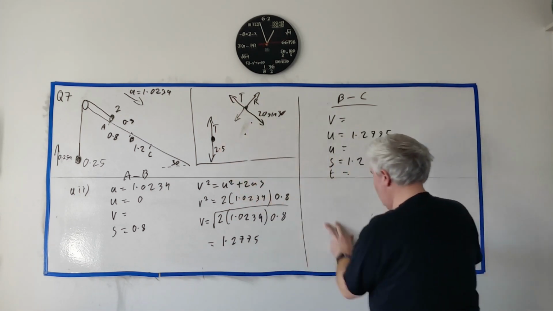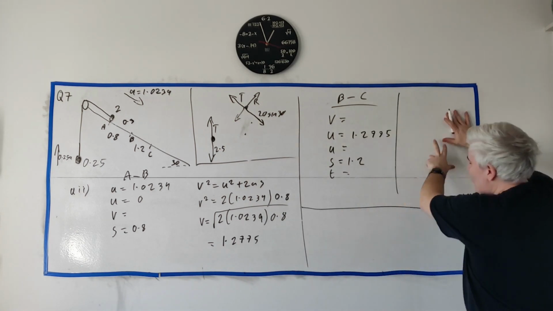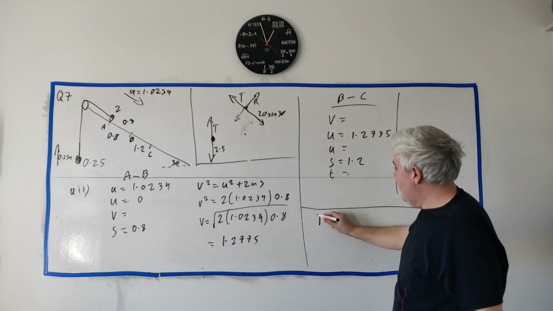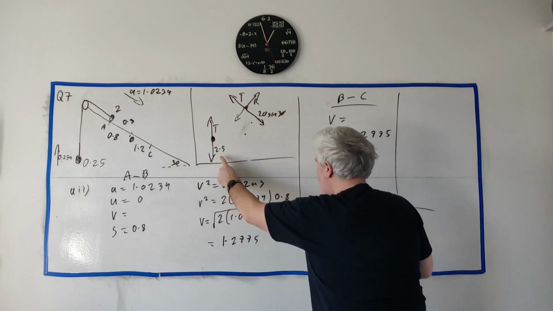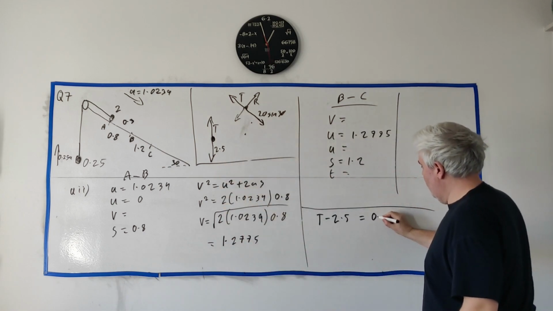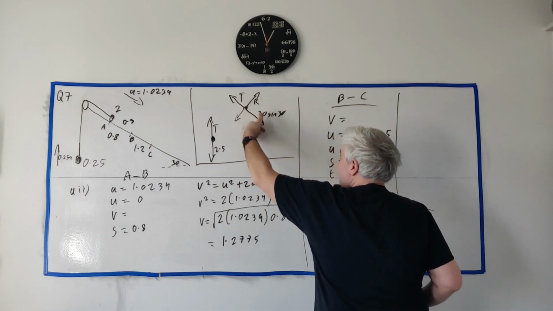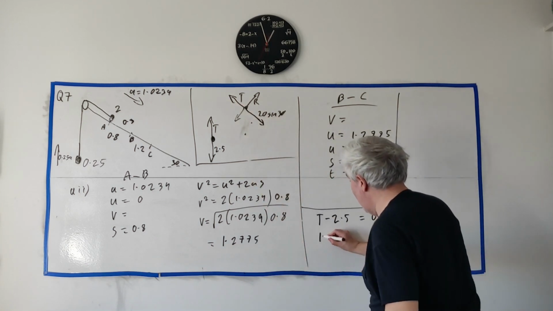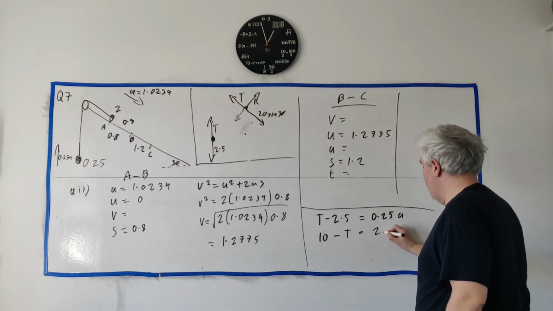Now let's do it down here. So I'll do the answer to this down here. This is T minus 2.5. T minus 2.5 must equal 0.25a. This guy here, 20 sin 30 again is just 10, minus T must equal 2a.